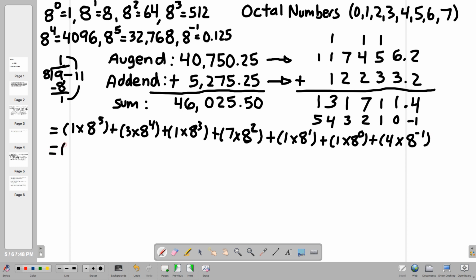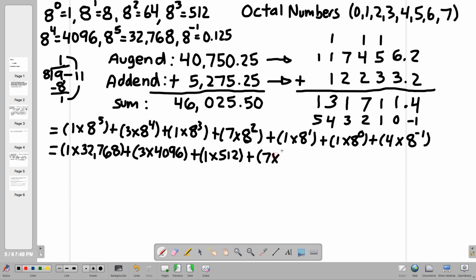So we have 1 times 8 to the 5th power, and that's represented as 32,768. Plus, 3 times 8 to the 4th power, where 8 to the 4th is 4,096. And plus 1 times 8 to the 3rd power, which is 512. Then 7 times 8 to the 2nd power, which is 64.